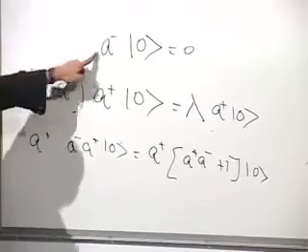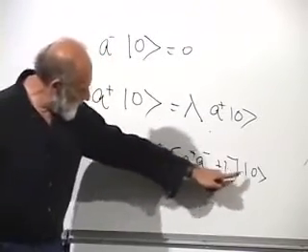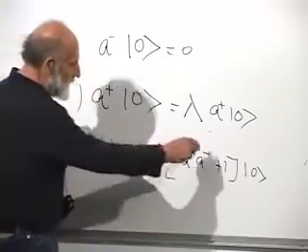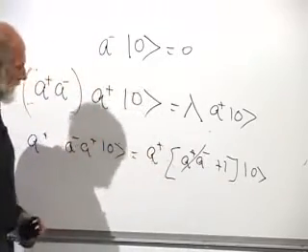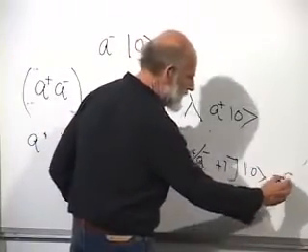Okay, now, A minus on 0 gives 0. So this can be ignored. And what do we get? We just get A plus on 0.